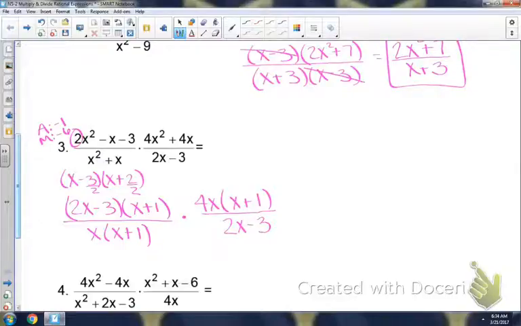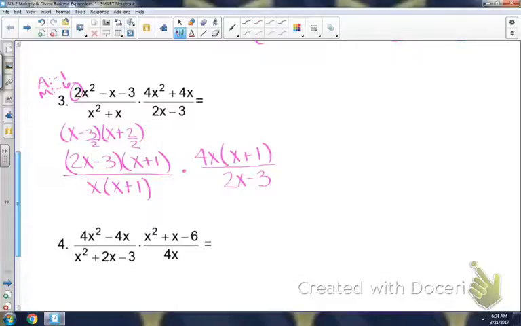Okay, so when you have multiple fractions, in order to cancel out, it can be on top and bottom or diagonally, but you can't go straight across and cancel them out. So notice I have an x plus 1 here. I can only cancel it out with the x plus 1 that's right below it. Okay, you can't cancel out all 3 of them because a term divided by itself.